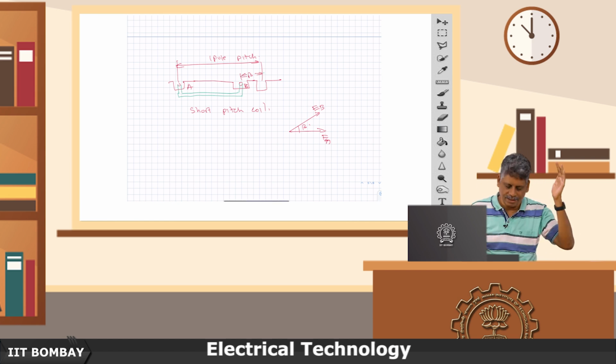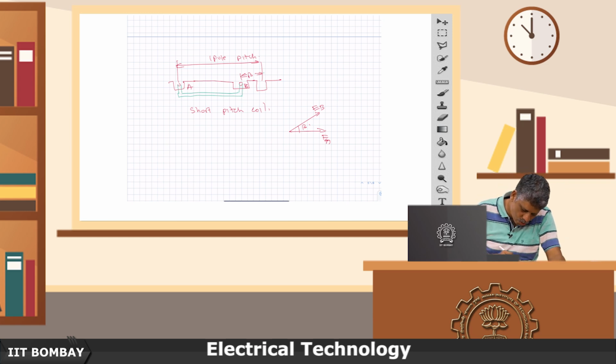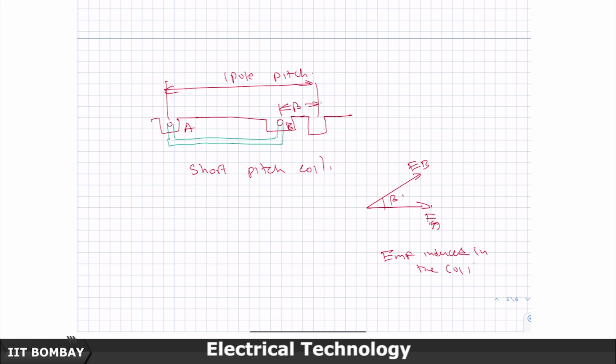So, the EMF induced in the coil is now going to be a vector summation of this.